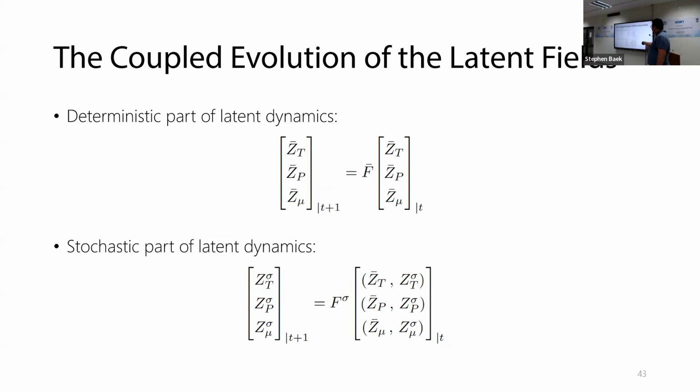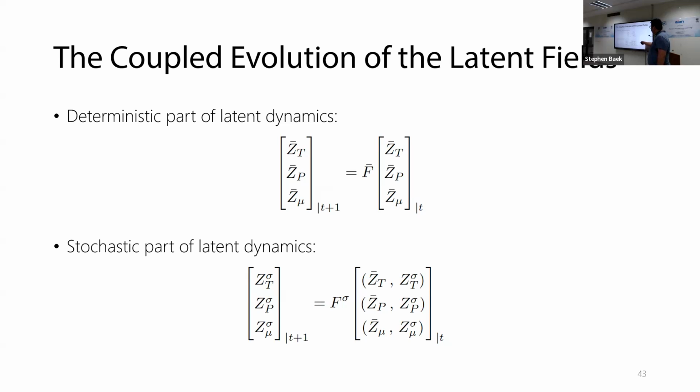And we're interested in the evolution of Z bar T, Z bar P, Z bar mu over time. F bar is an operator that takes a state as an input and spits out a new state as an output. And we define that for both the mean Z and the standard deviation of Z.